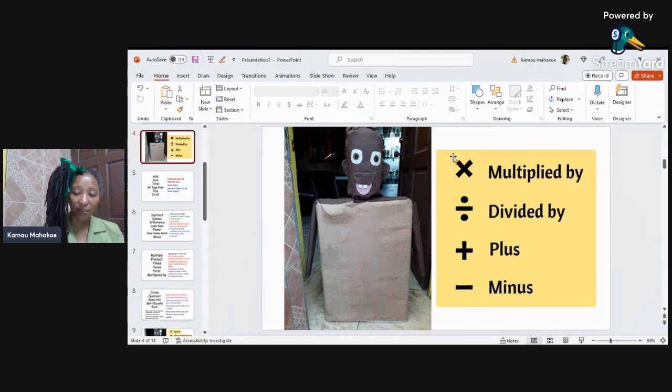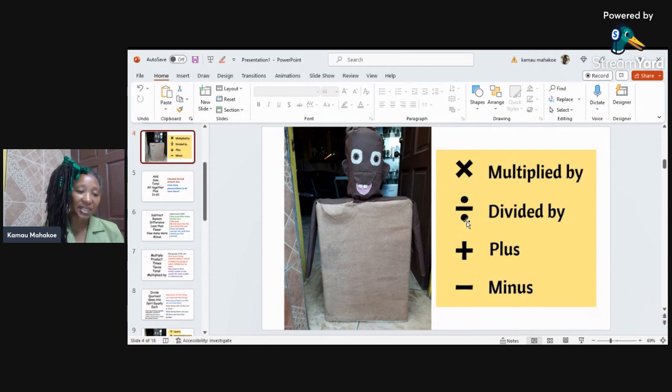Here we have the multiplication symbol, the division symbol, the addition or plus symbol, which looks like a cross, and the minus symbol, which is just a short horizontal line. The multiplication symbol looks like an X. The division symbol is a horizontal line with 2 dots, one above and one below it.